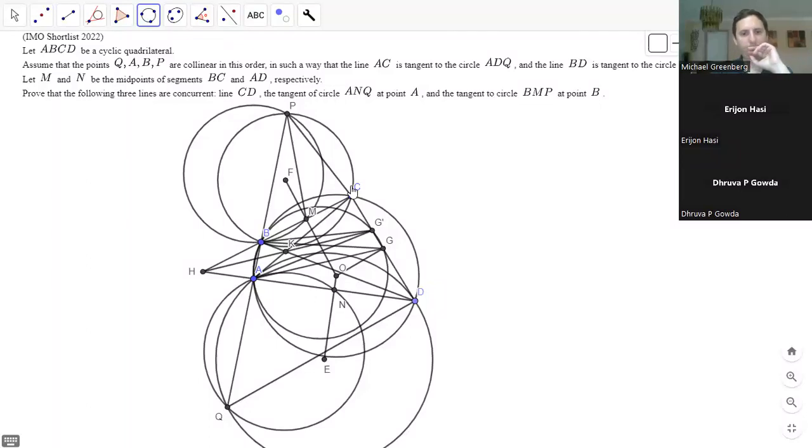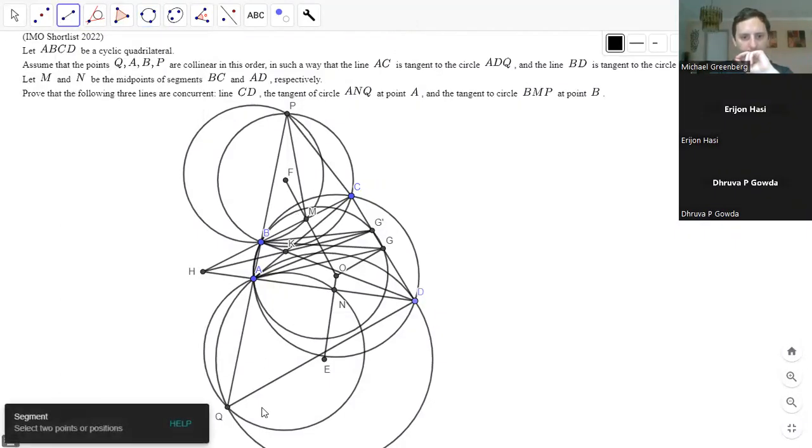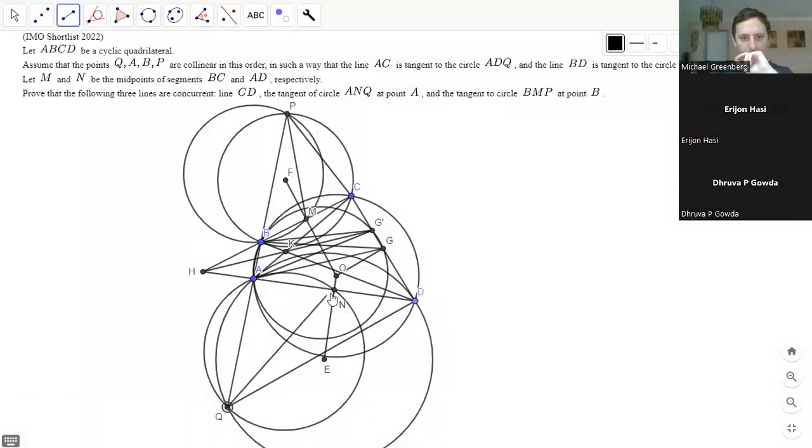Yes, by the cyclic. Sorry, QNA is G prime BP. I don't see it just yet. So QNA, you're saying is G prime BP? Yes, because QNA is equal to AGC by the similarity.